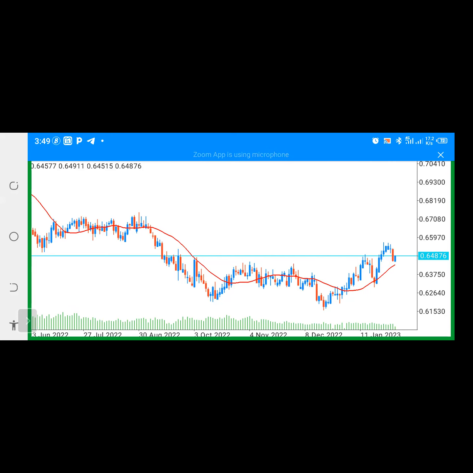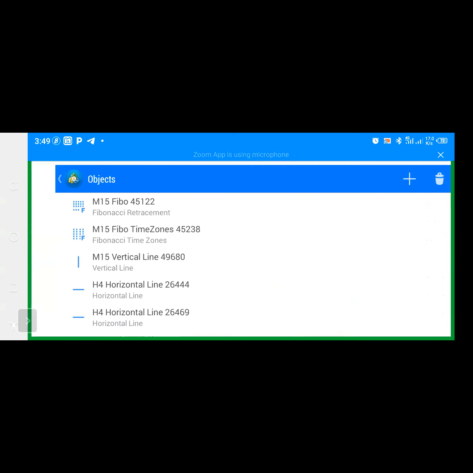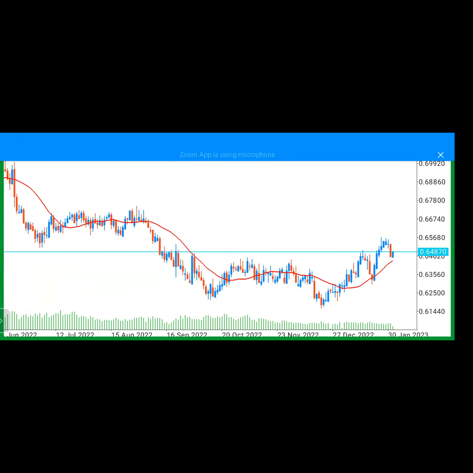I should be able to see. Want me to do that? Yes. So put a horizontal line like we did in the last class. Yes, key there. Double it again.